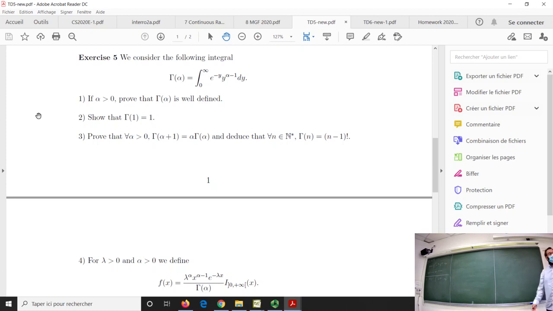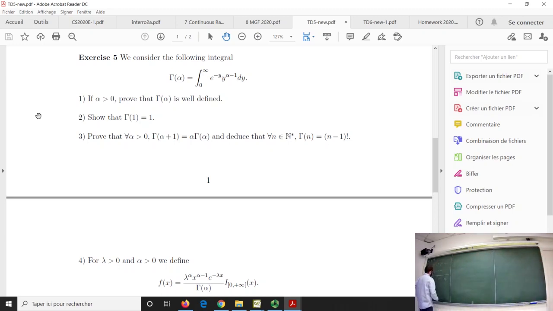Yeah. So I can use what I know from the course, and I see that here it's just the integral of the density of an exponential of parameter 1. So this integral is necessarily equal to 1. Okay? So if it's possible, I prefer not to compute, but just use what I know from the course. And you will see that today I will use a lot of things we know from the course in order to do my computations.